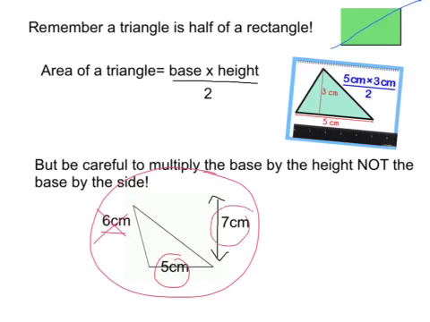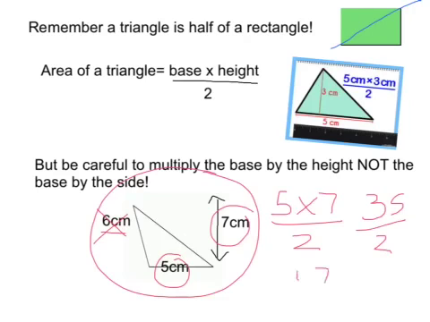So to find the area of this triangle, I would do 5 times 7 divided by 2. 35 divided by 2 would give me 17.5 centimetres squared, because it's still area. Really, really important. The base times the height and then divide it by 2.